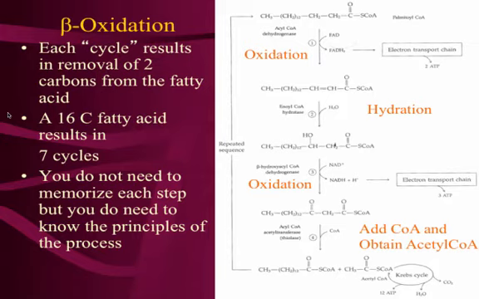C16 divided by 2 carbons is 8. 8 acetyl CoAs. How many cycles do you need to do that? 7.